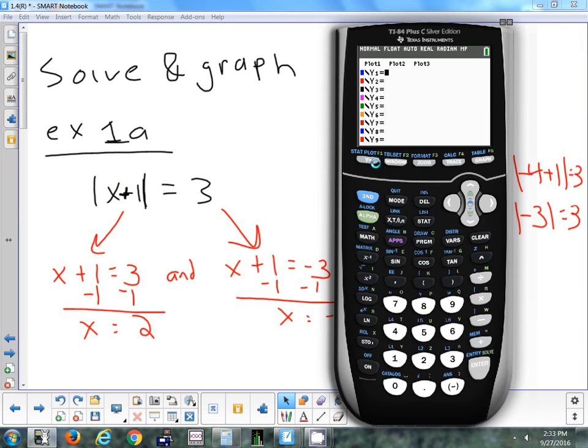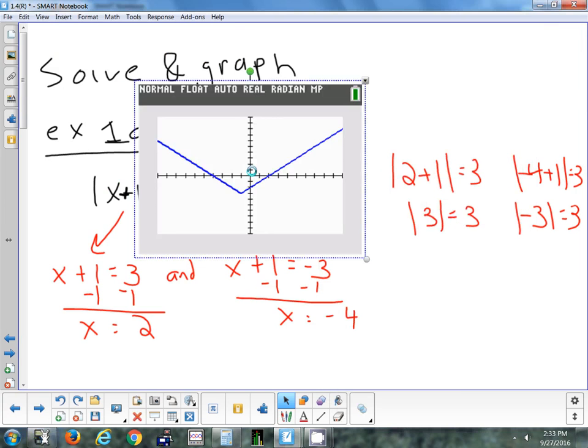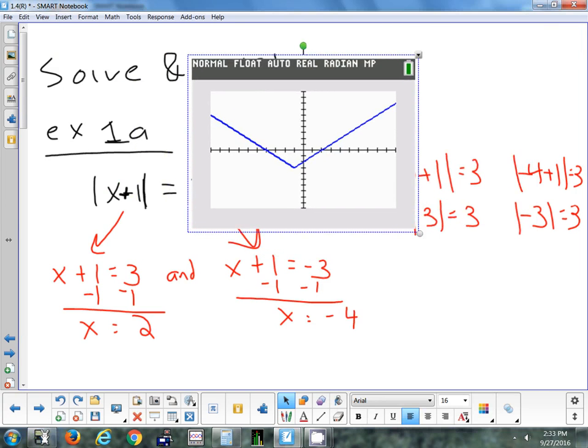Math, number, absolute value of x plus 1. What shape is it? Yeah, it's like a V shape, right?